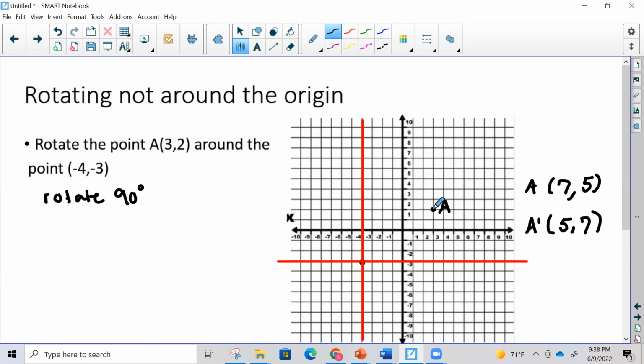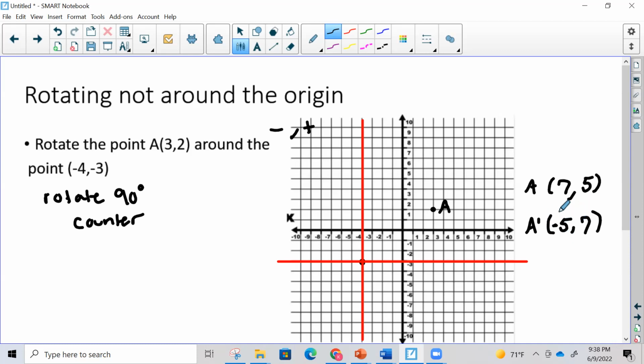And then for 90 counterclockwise, I'm going to figure out which quadrant it would fall into. If I rotated this 90 degrees counterclockwise, it would fall in the second quadrant. And in the second quadrant, the coordinates are negative, positive. So A would become -5, 7.